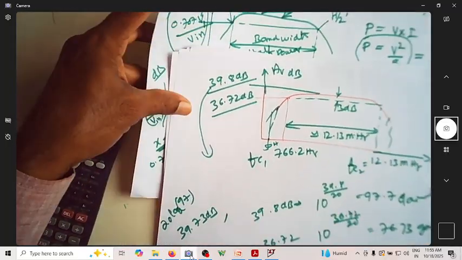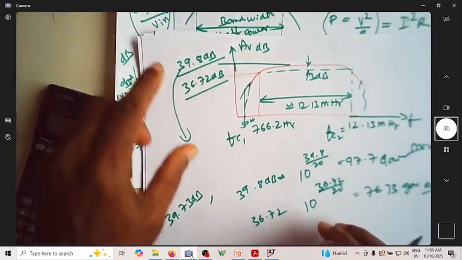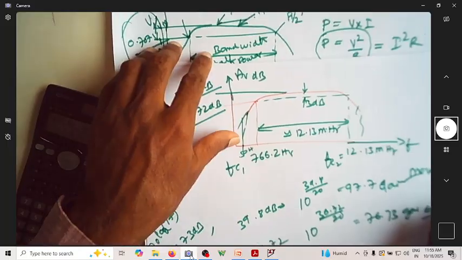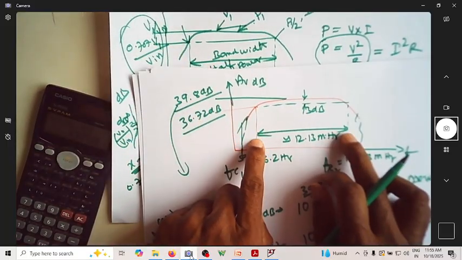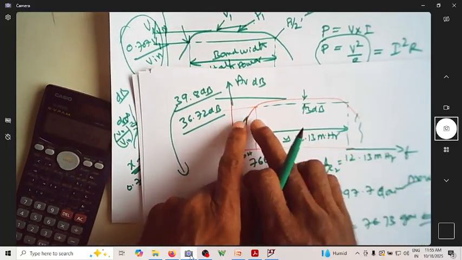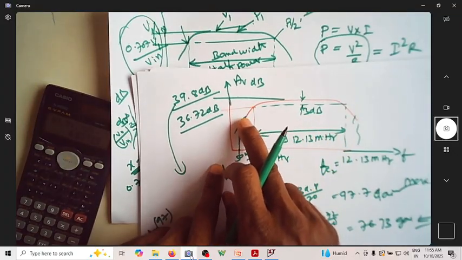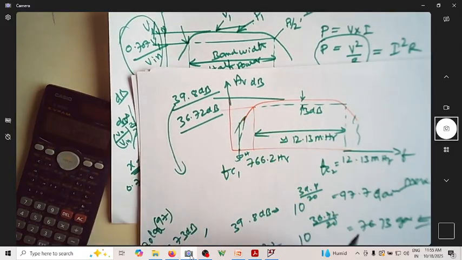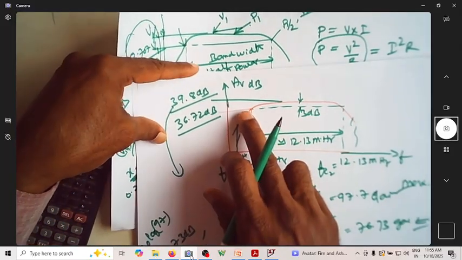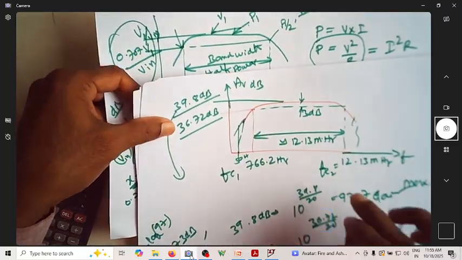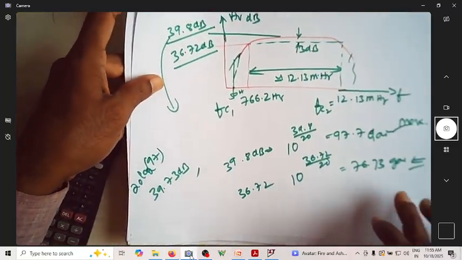So what is bandwidth now? Bandwidth is the frequency range between which the power is more than half of the power. If the power is less than half of the power, then that is not a bandwidth frequency. So that is not a frequency where gain will be expected.